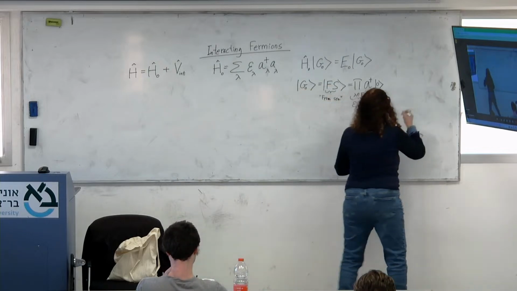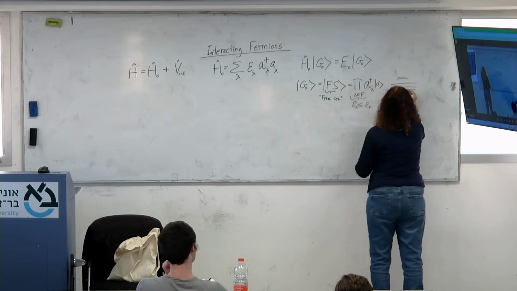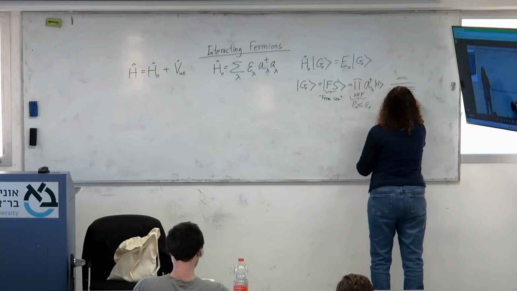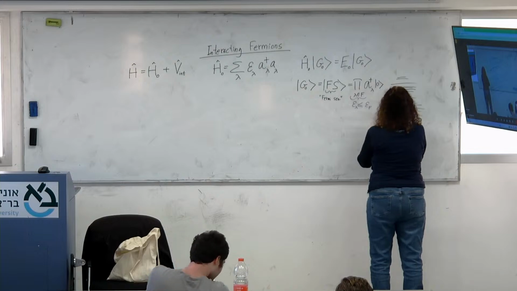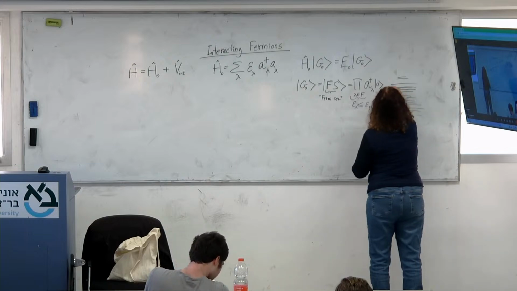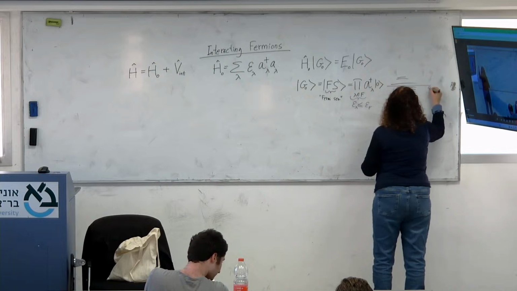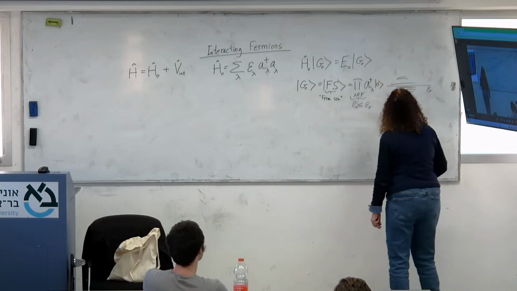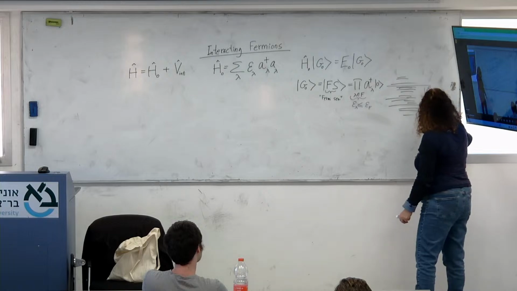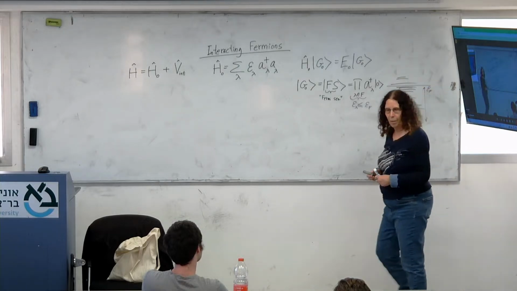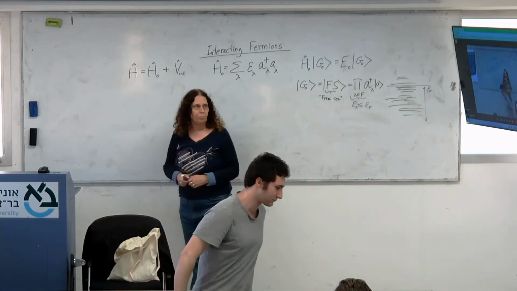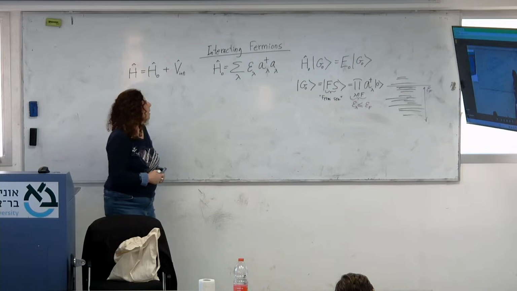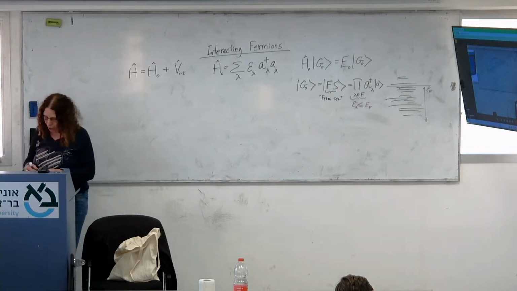Okay, so if this is my spectrum, I have a spectrum of many states. There's a Fermi level, and all the states below it are occupied, and all the states above are empty. Okay?